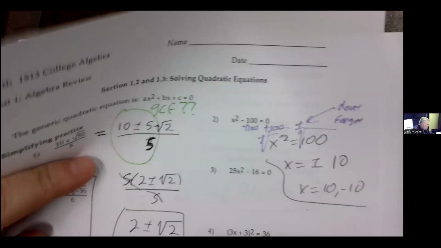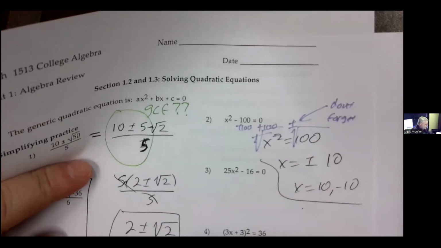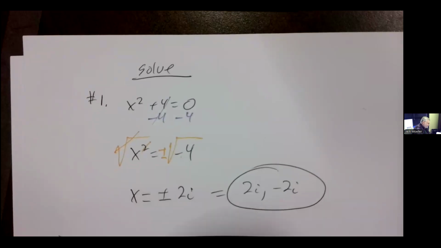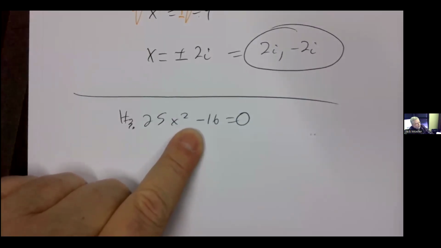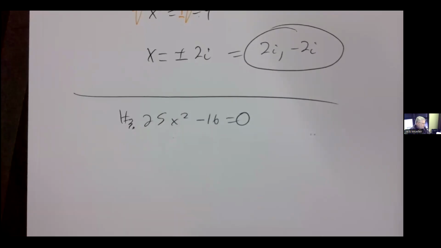How about number 3? 25x squared minus 16 equals 0. All right, there is no x term here, but we can do the square root property. The square root property says isolate the squared term.